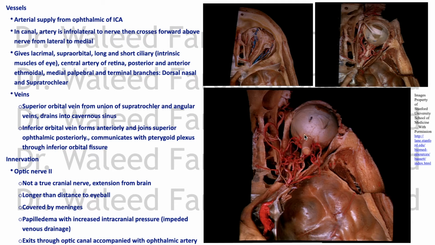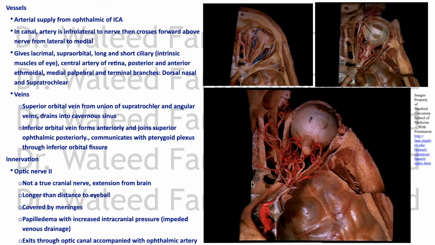Actually, the coats of the globe are derivatives of the dura, arachnoid and pia. The sclera, for example, is a continuation of the dura, sclera and cornea. Okay? So since it's covered with meninges, it means that there's CSF around the optic nerve. So the CSF will reflect the changes in pressure inside.